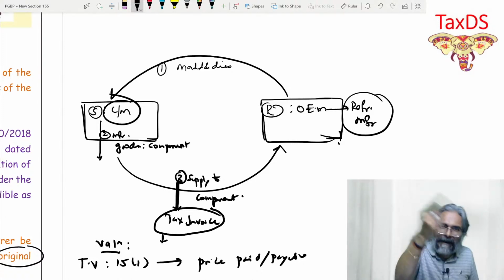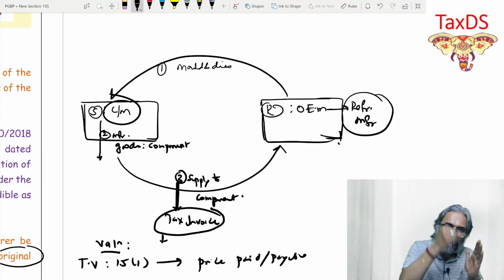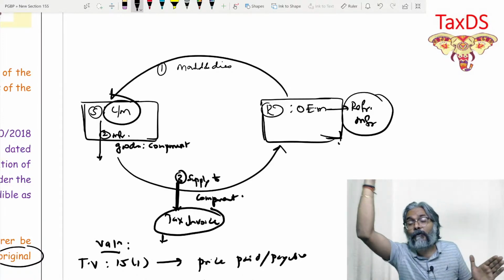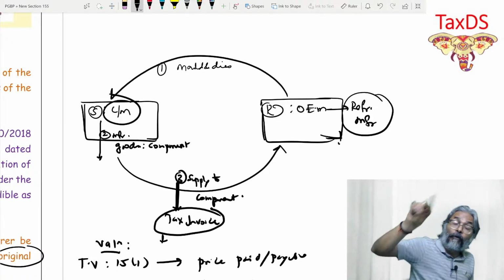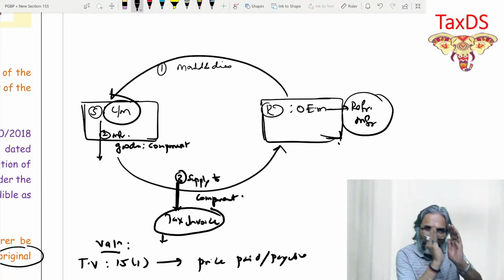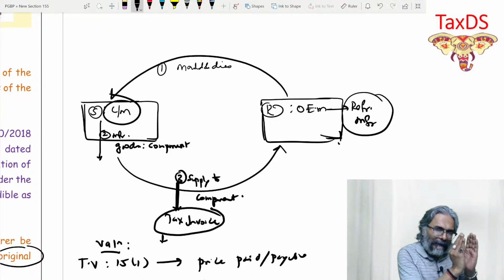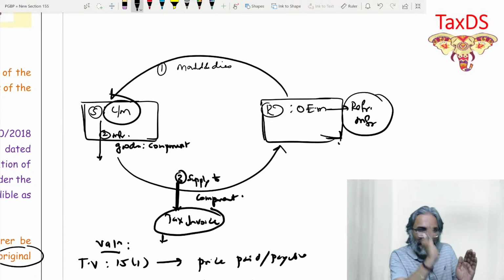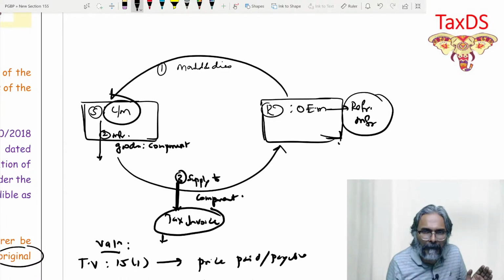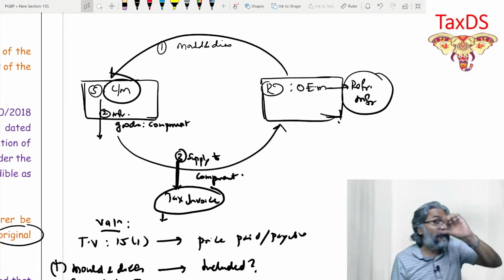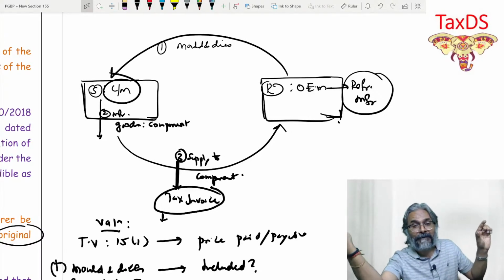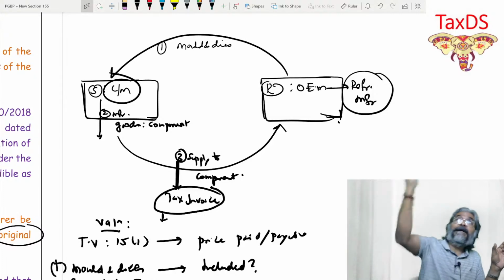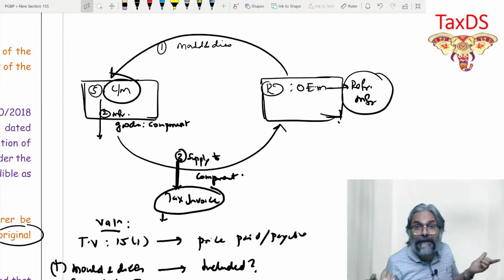Those things should match, because ultimately this part will be used by whom? By the refrigerator manufacturer, who is the original equipment manufacturer. So the part should match that design, that configuration, that shape. Therefore, to match that, the original equipment manufacturer, who is the receiver, will supply its molds and dies.